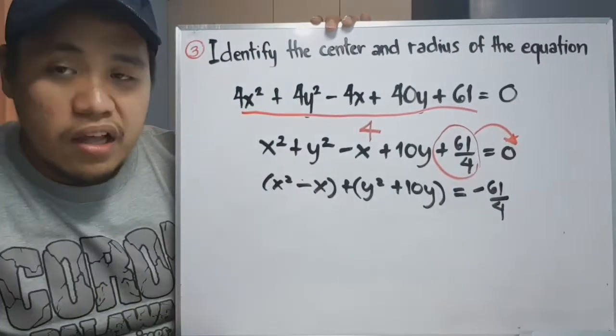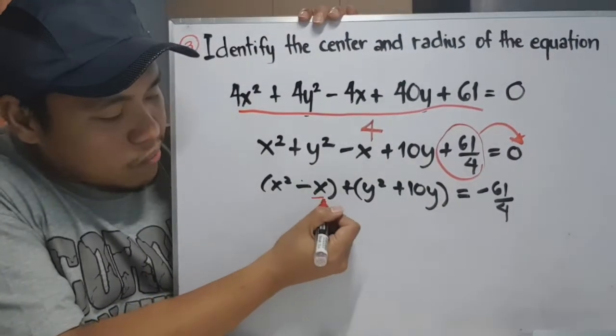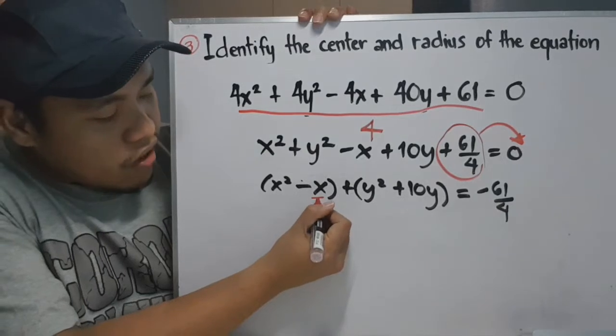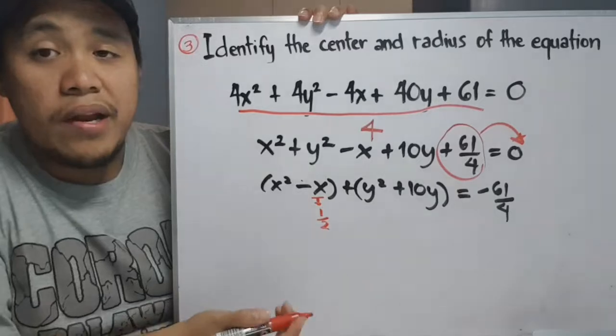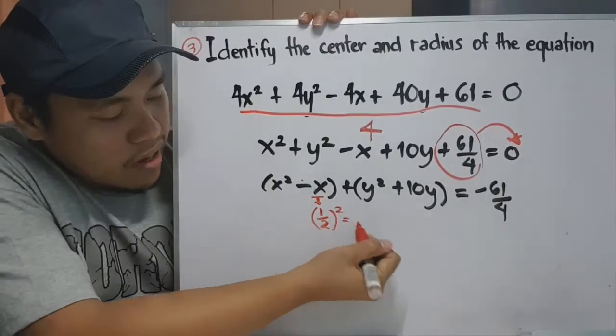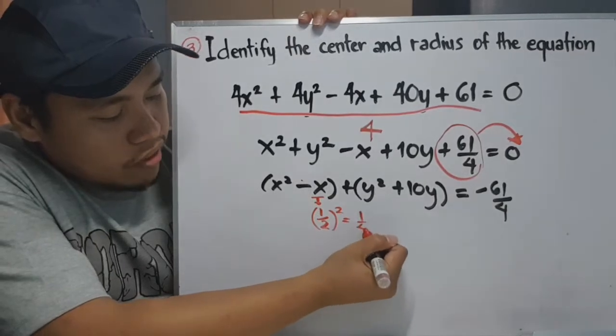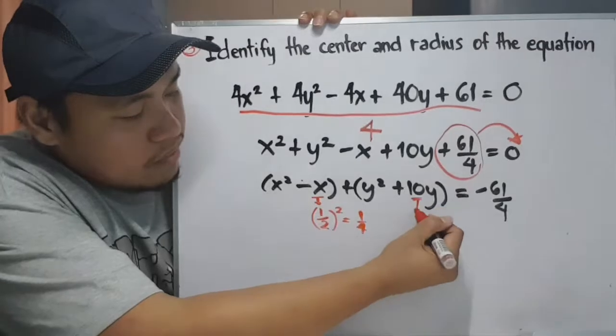Next is, we need to identify again the third term to make this a perfect square trinomial. So in this case, the coefficient of this is 1. When we divide it by 2 is simply 1/2. Then we need to get the square root of this. So the 1/2 squared is simply 1/4. So 1 squared is 1, 2 squared is 4.